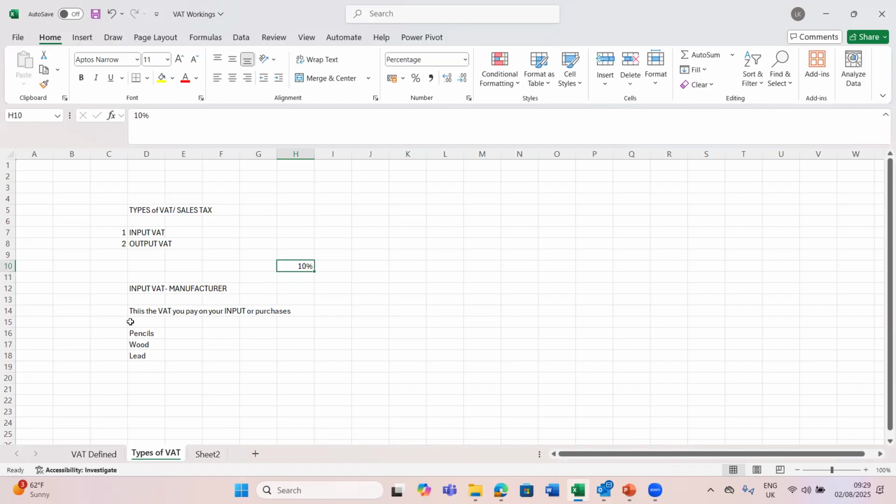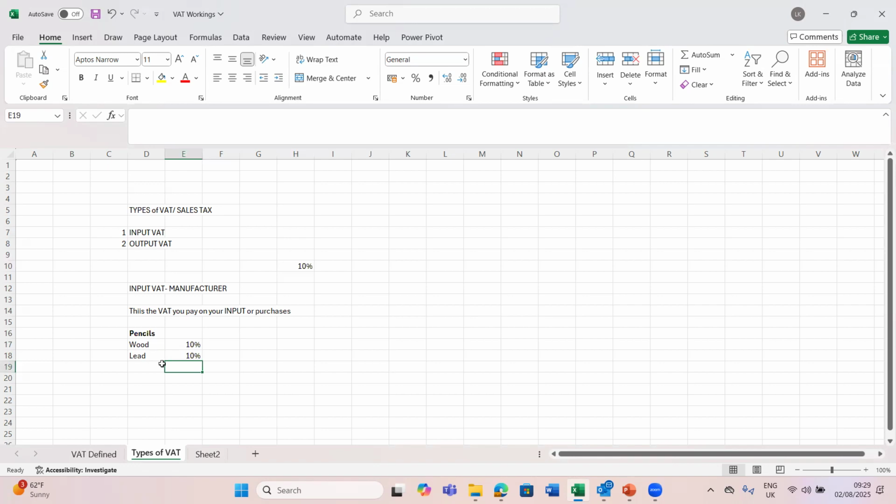As a manufacturer, I have to buy materials to manufacture pencils, right? So these materials are wood and lead. On these materials, I paid 10% VAT for each of these materials.